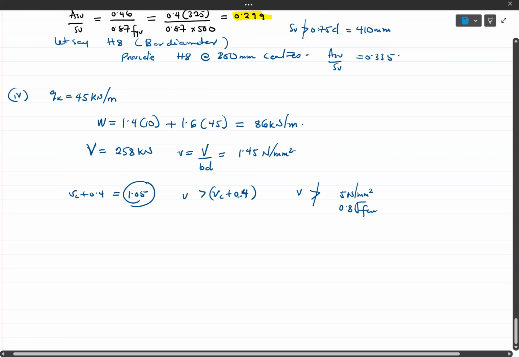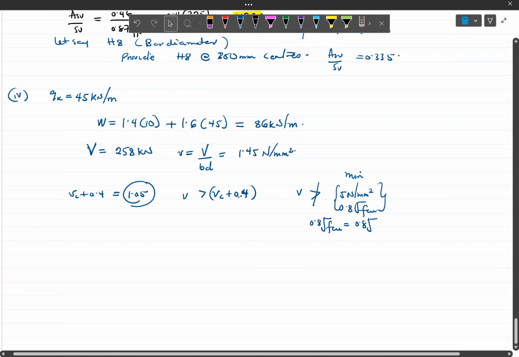Very important. We choose the minimum of these. 0.8 square root of FCU will be 0.8 square root of 25, which is our FCU from the question.